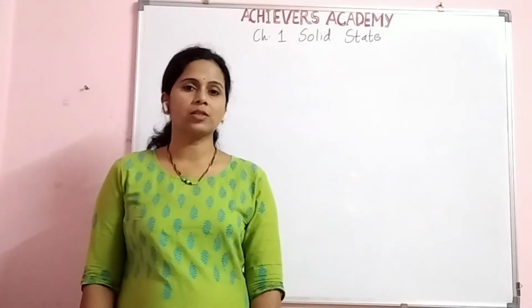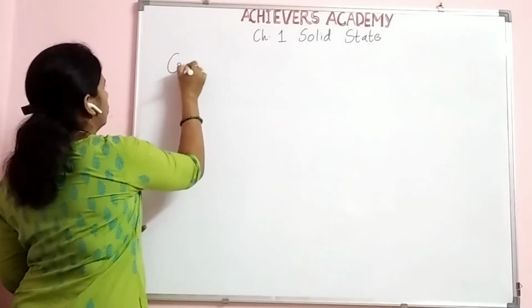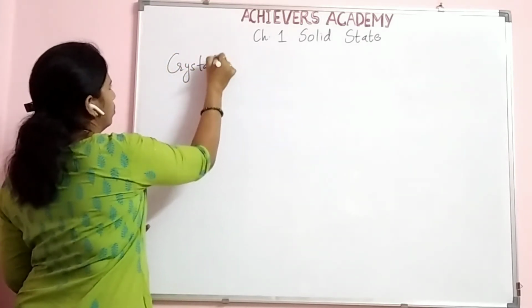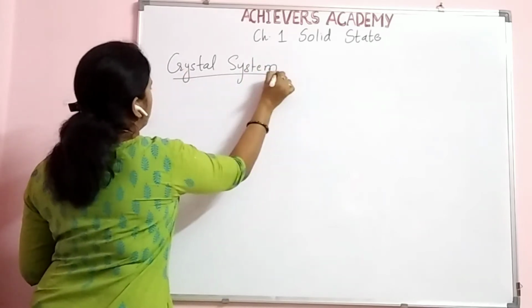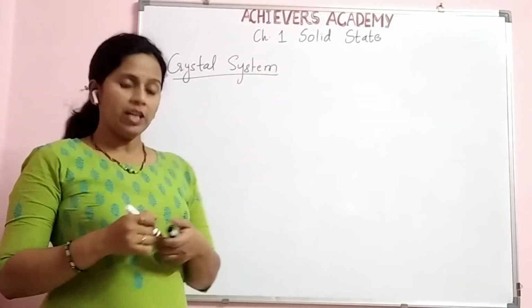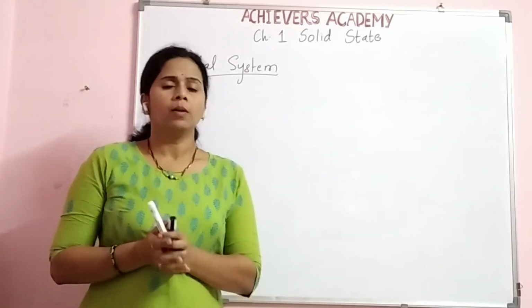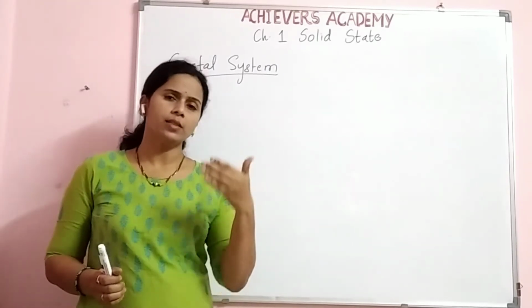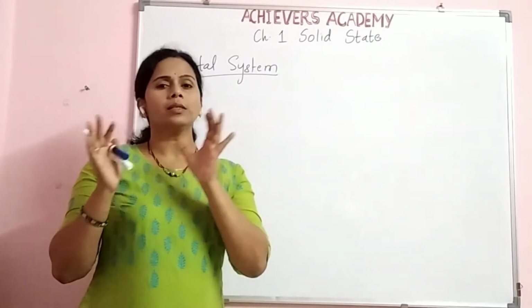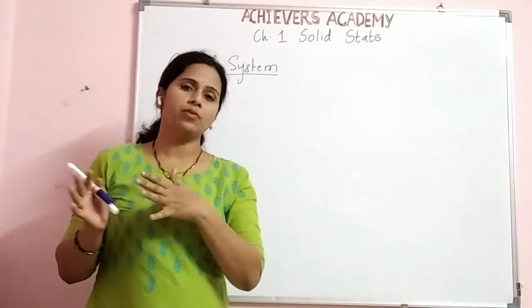Our next topic is crystal system. Now a French mathematician did mathematical operations and analysis, where he saw that a crystal lattice can be arranged in 14 different ways.